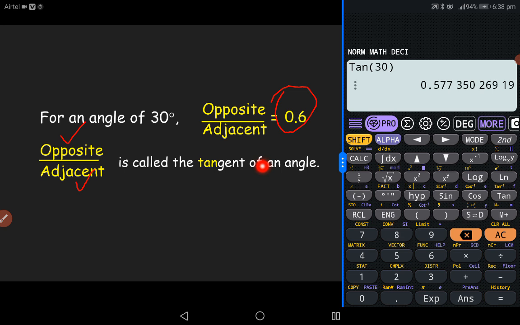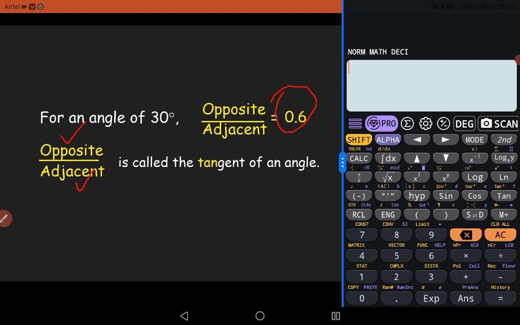Like in the first case, it was 30 degrees, for which the tangent was 0.6, and for the second case of 45 degrees, the value was 1. And that has been confirmed on your scientific calculator. So the opposite side divided by the adjacent side is what is called the tangent.